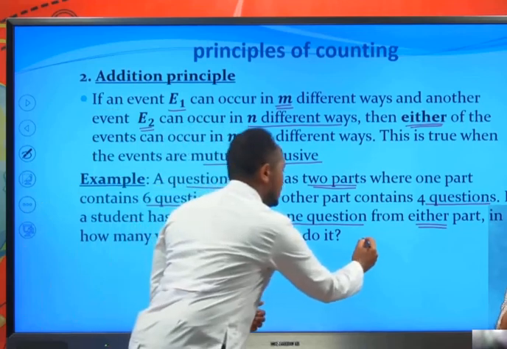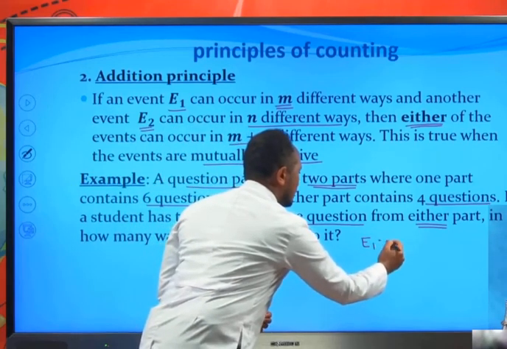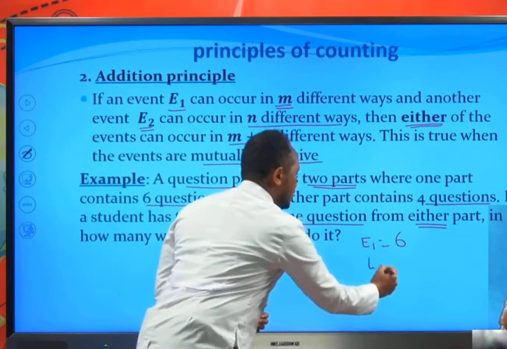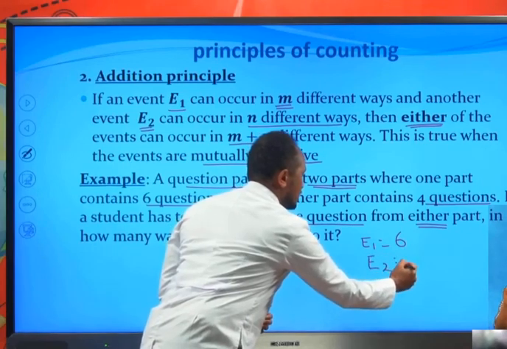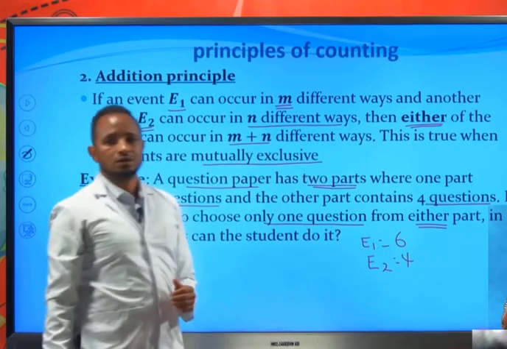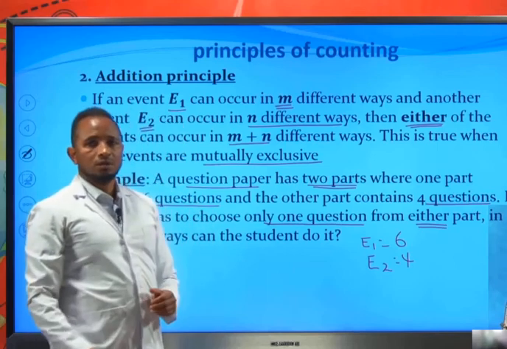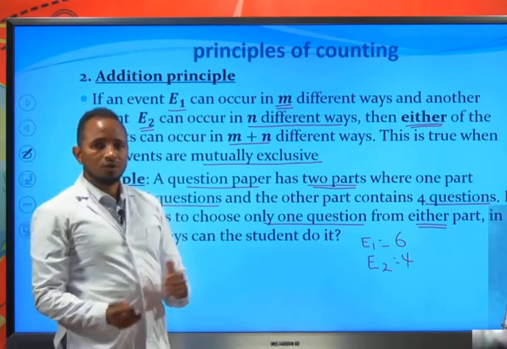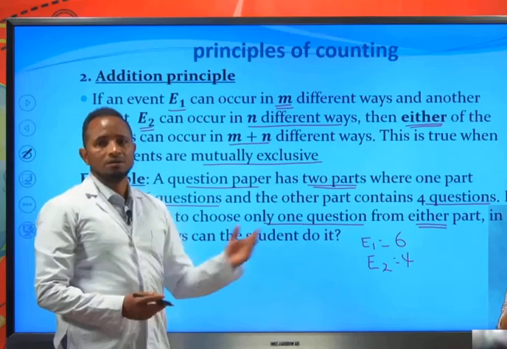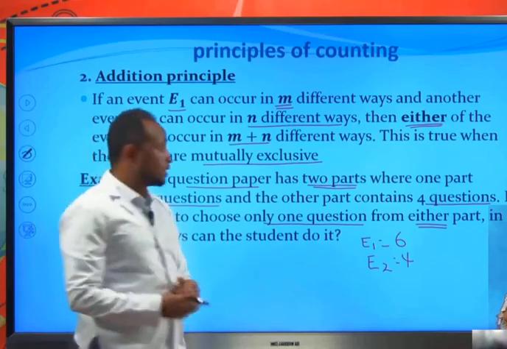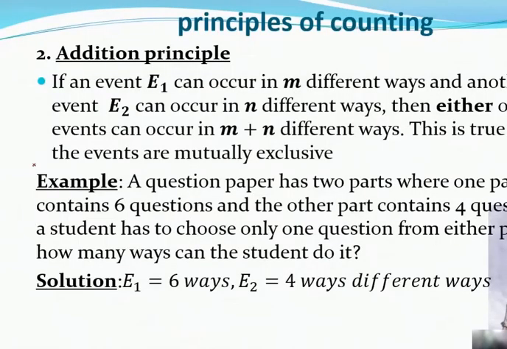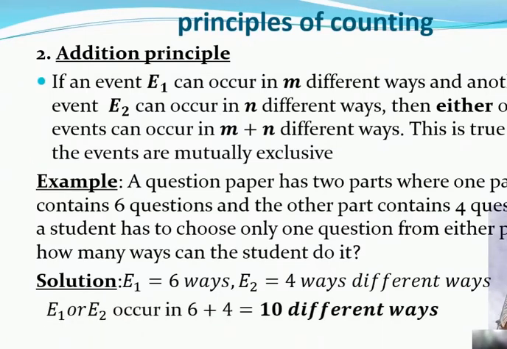Event 1 occurs in 6 different ways, and event 2 occurs in 4 different ways. So the number of different ways of doing either event 1 or event 2 is simply the sum of these numbers, 6 and 4. So event 1 or event 2 occurs in 6 plus 4, or 10 different ways.